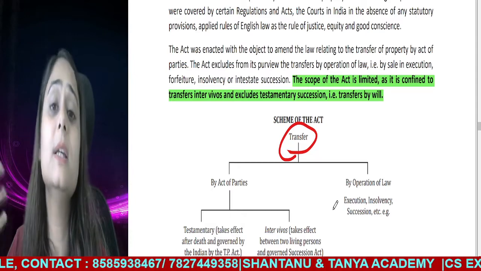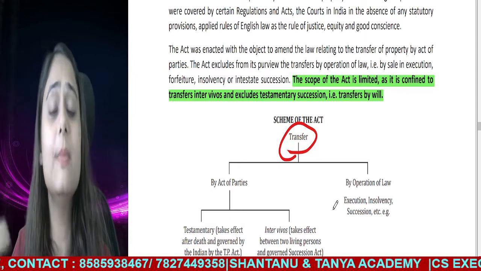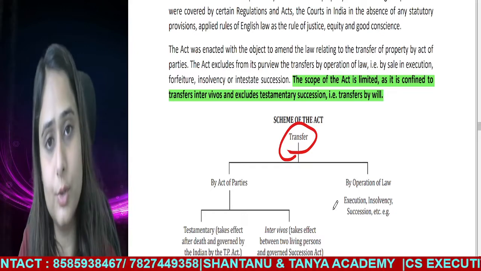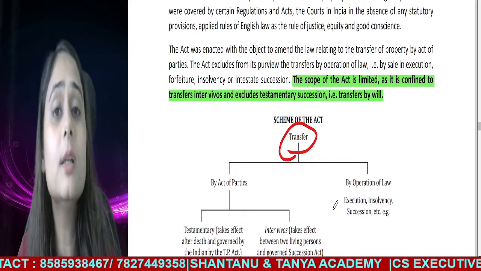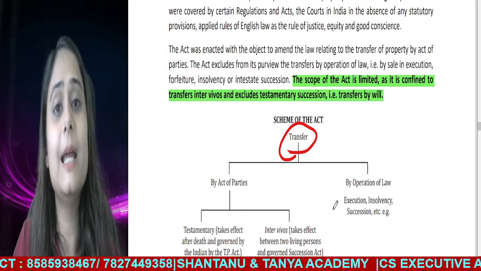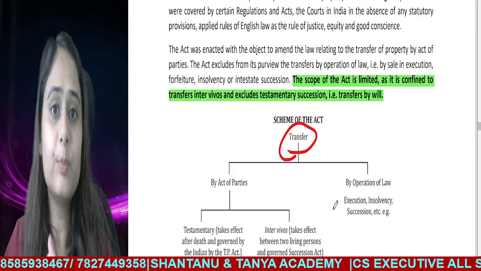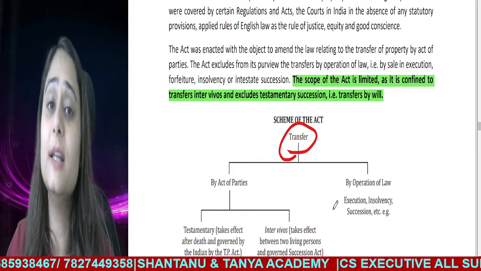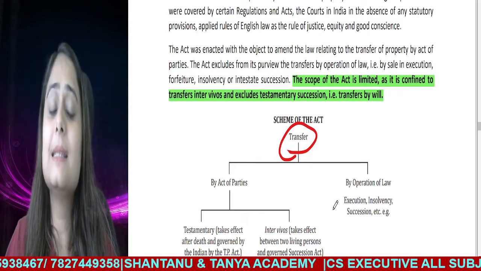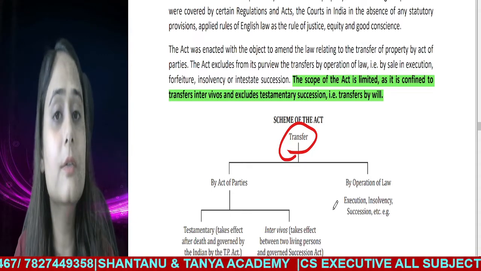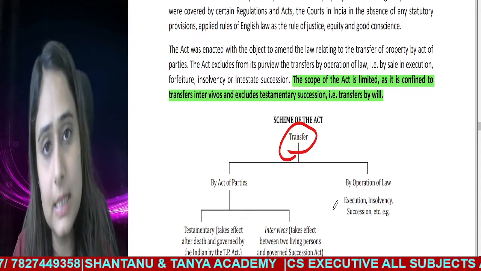A person after his death has written, okay, after my death certain property would be transferred to so and so person, so that person is not alive anymore, correct? So those kinds of transfers which take effect by the operation of law, as in insolvency and succession, are not governed by the Transfer of Property Act.